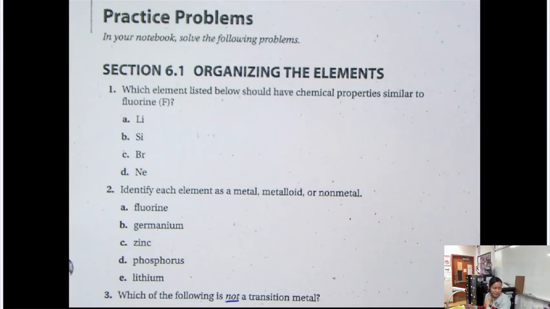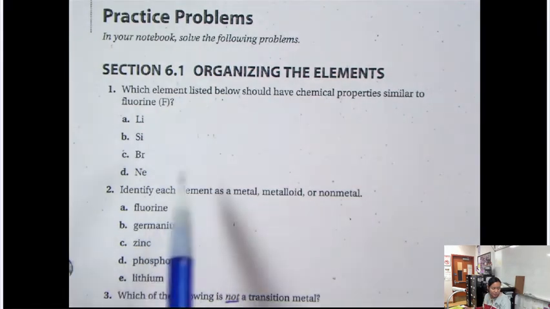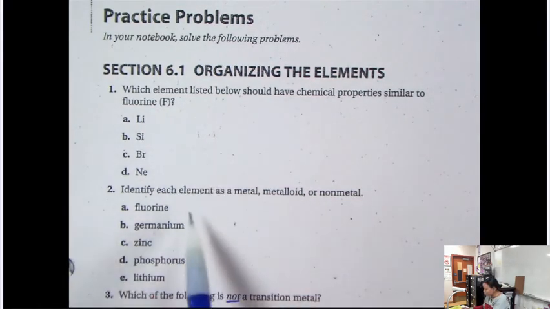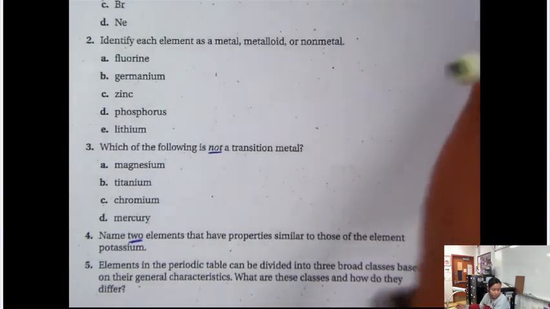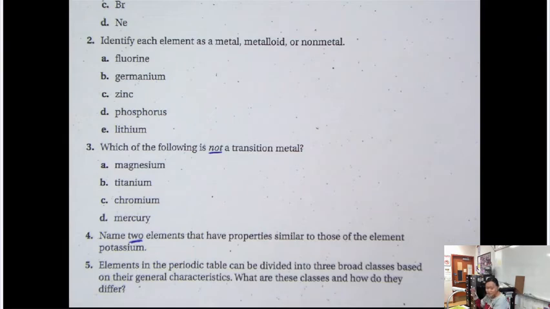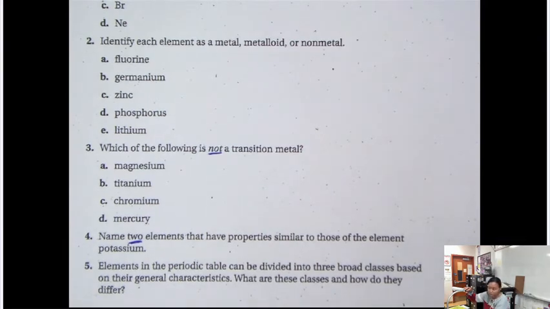Number 2 says identify each element as a metal, metalloid, or nonmetal. That means next to each one of these, I should see metal, nonmetal, or metalloid. Pick one. Okay, so every single one of these for number 2 should have an answer. Number 3, which of the following is not a transition metal?